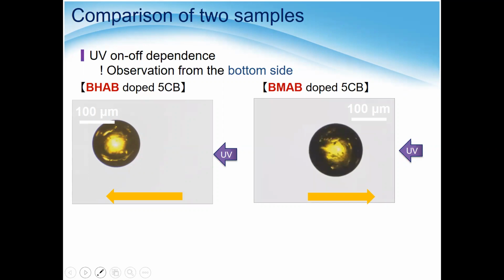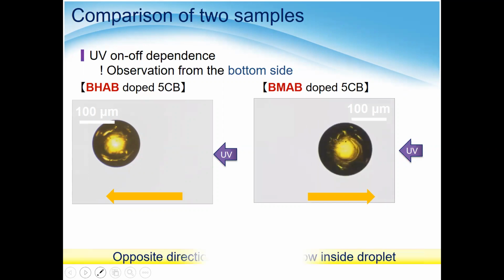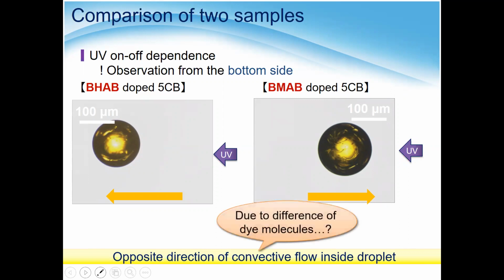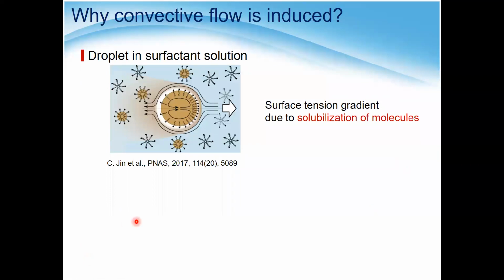And obviously the flow direction was opposite. So that's the cause of the motion direction. And how could it be possible by just changing the dye molecules? So we again studied how the solubilization occurred during the light irradiation.